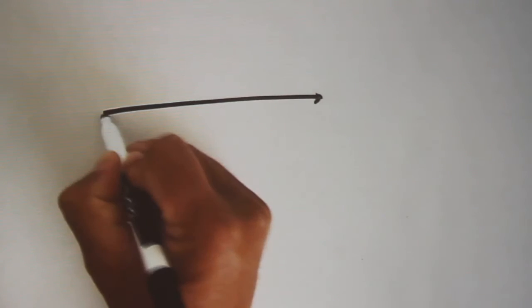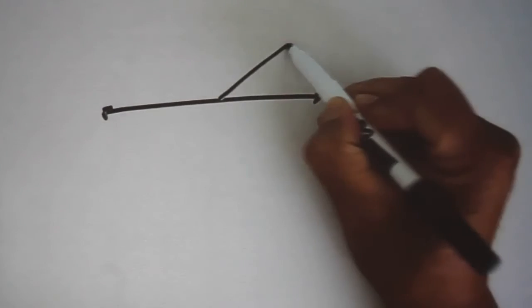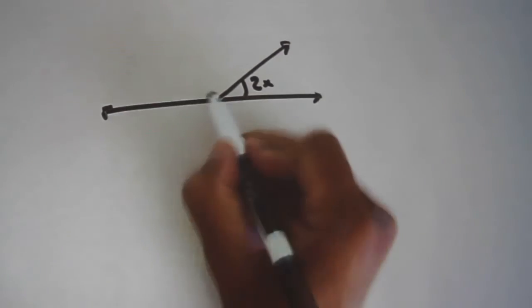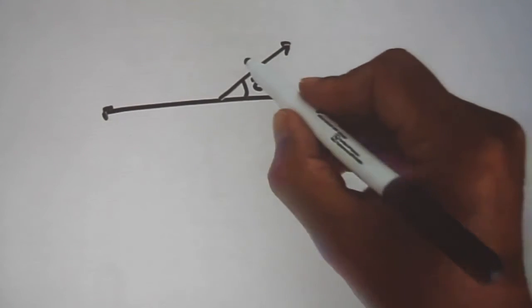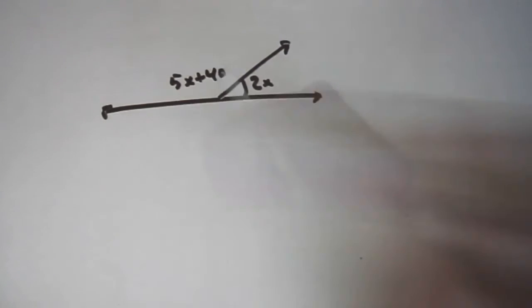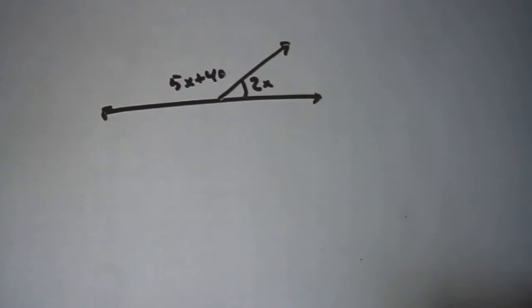As complex as it gets for straight lines in algebra, you might have a problem that looks like this. Again, here's our straight line. Let's say we have this still there. This is 2x, and this angle here is 5x plus 40.